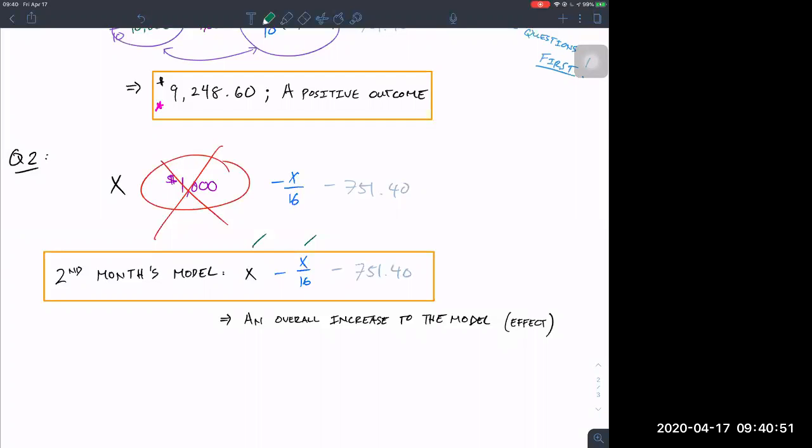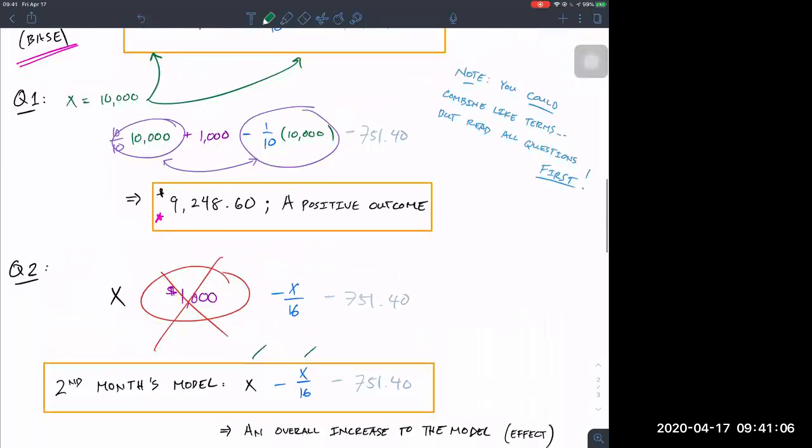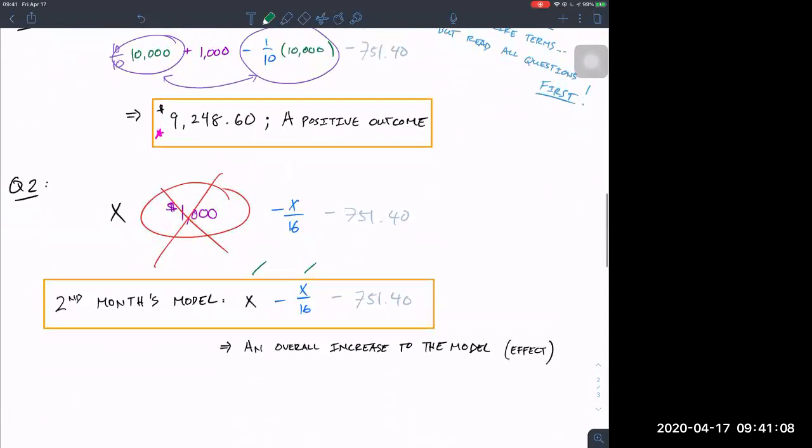People are being paid less. If you're paying less, that means your overall effect for the model increases. Now, that doesn't necessarily mean that you'll make more money. That's only true if, like from the first question here, you made $10,000 again. We don't know that. It's open-ended.